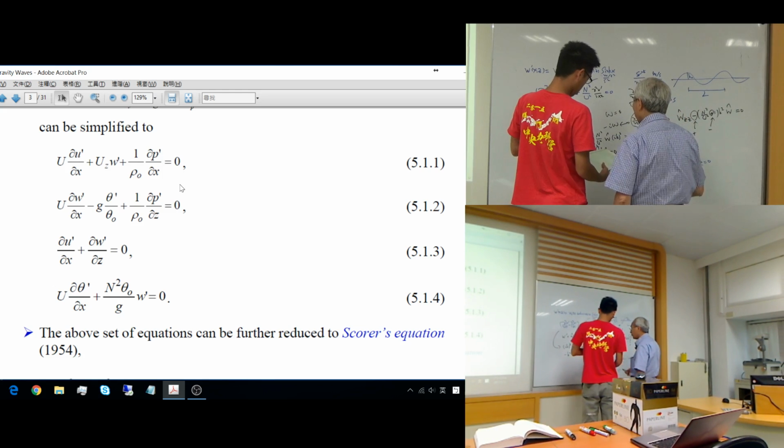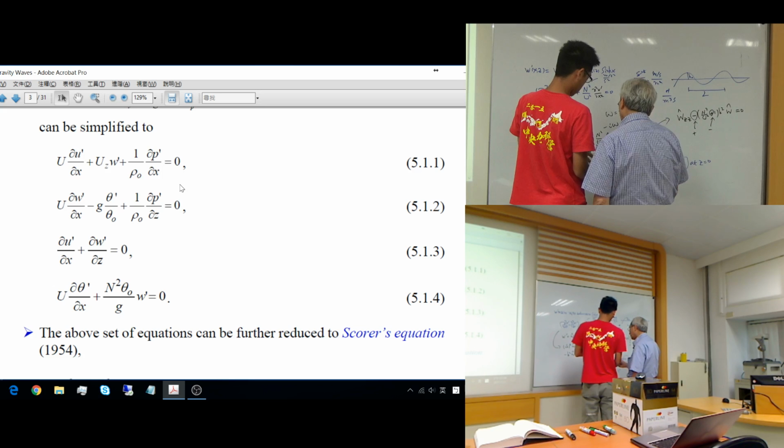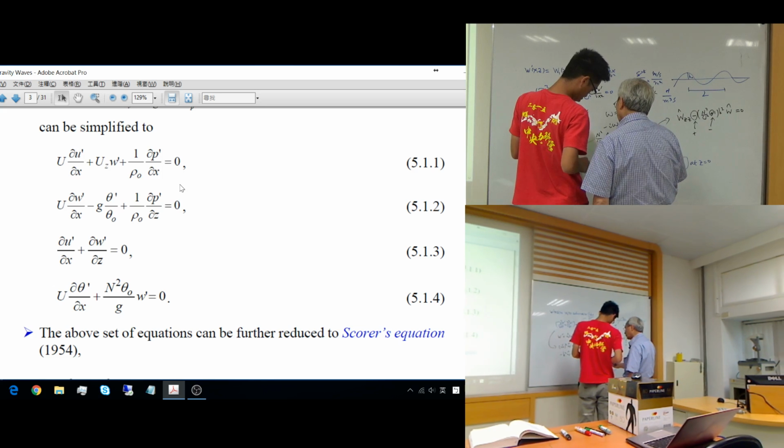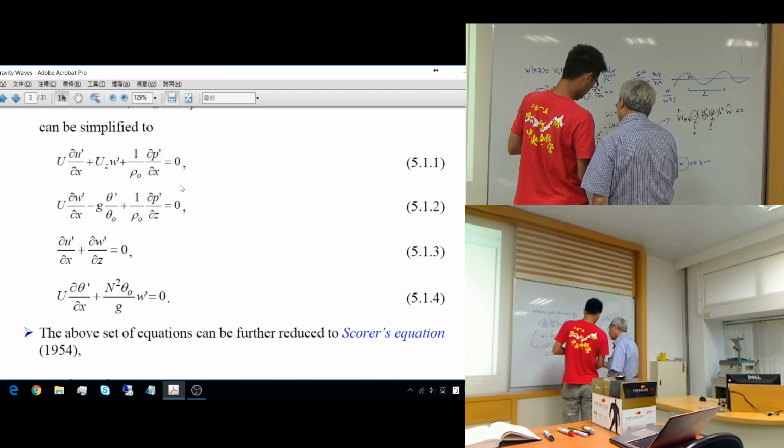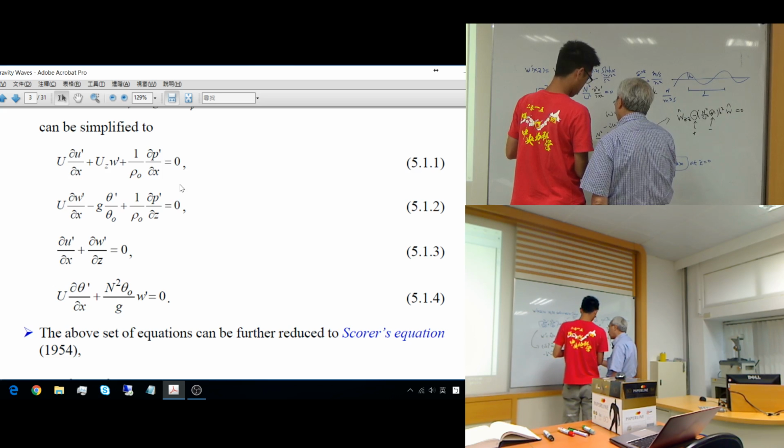I think this square is related to this equation, and this is equal to this equation, so they have this square term. Right, I think you're right, because here we have this term, but here we don't have this term.